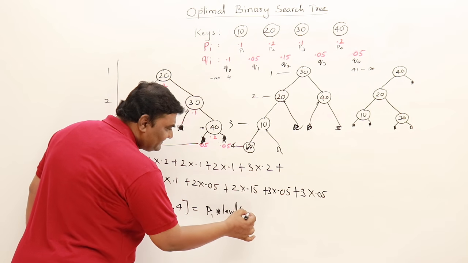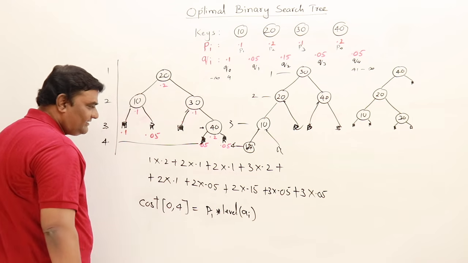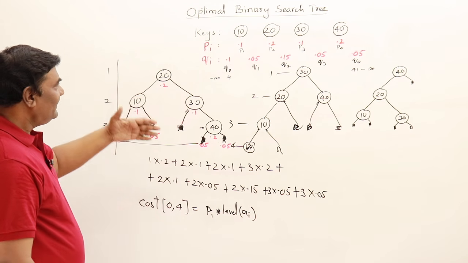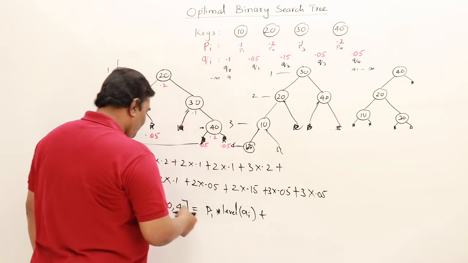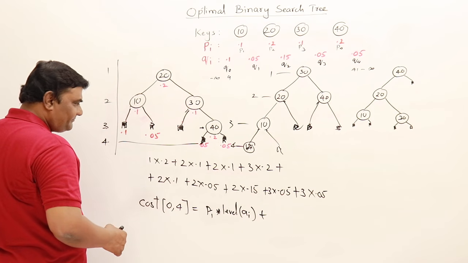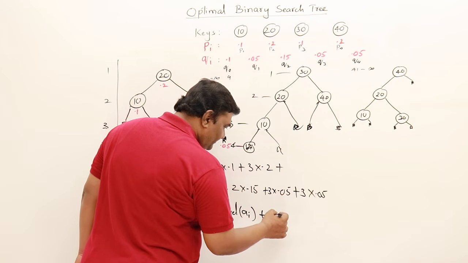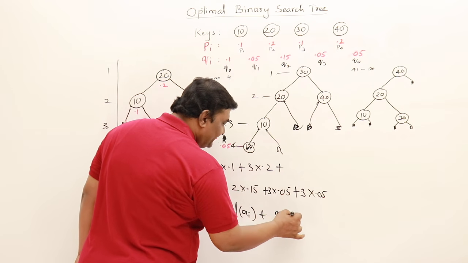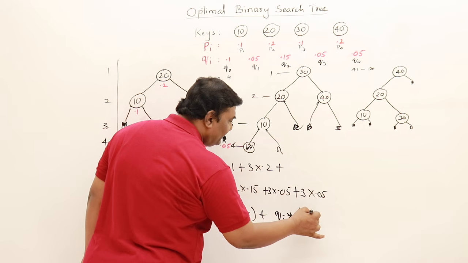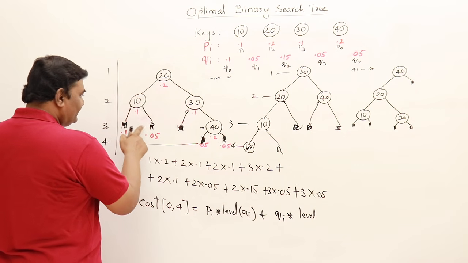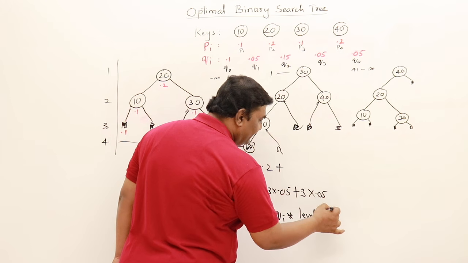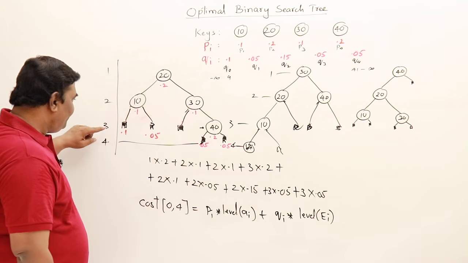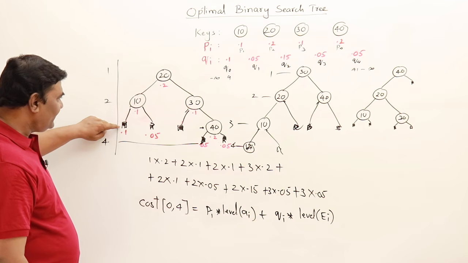So for key, I will say A of I, that is identifier, or A elements are A, B, C. I am calling them as keys, but let us write it as A of I. Then plus, what about the unsuccessful search probabilities? So that also, the Q of I value is multiplied with level of, these square nodes are called external nodes. So let us call it as E of I, but we don't take its actual level, like this level was a 3, but we have taken 2 for this one.